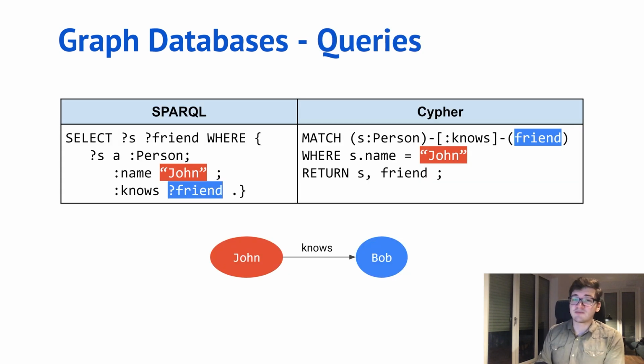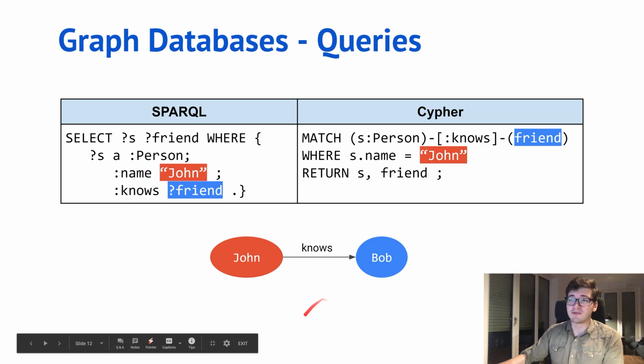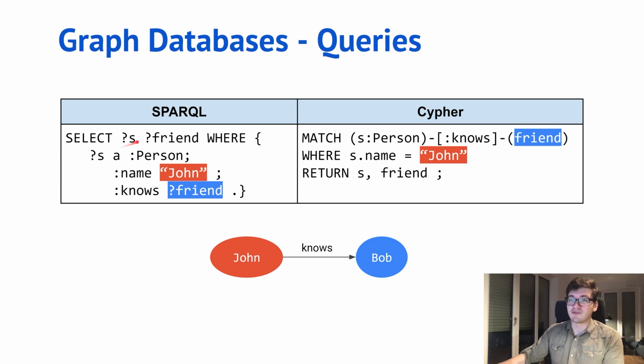And here is a small example of a query: given this triple that John knows Bob, we would like to retrieve John and Bob based on the relation knows. So in SPARQL, it will be this basic graph pattern that we look for S and a friend. So S is the person, and he knows somebody who turns out to be Bob.